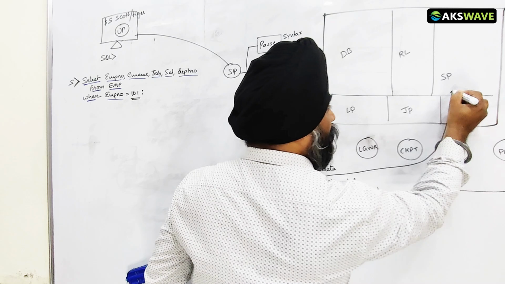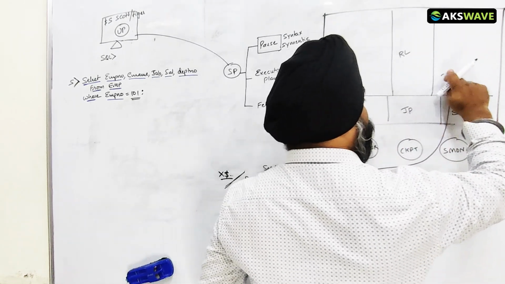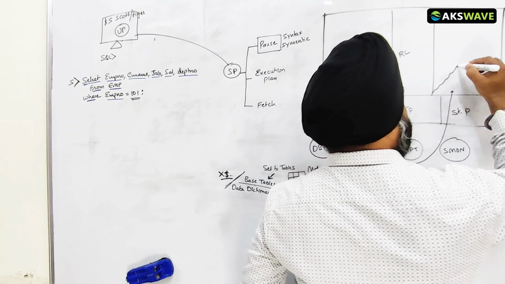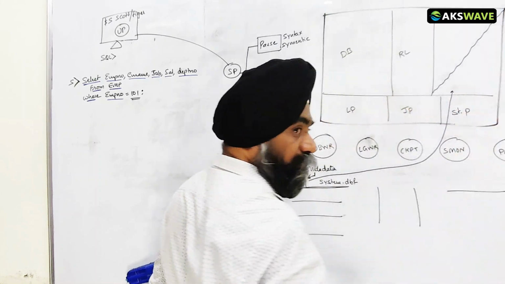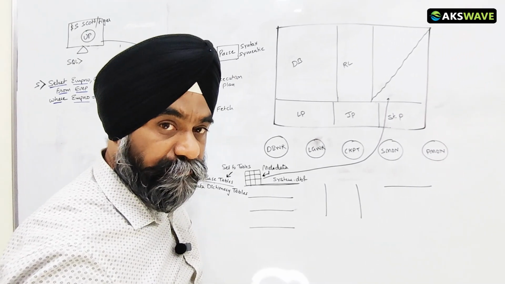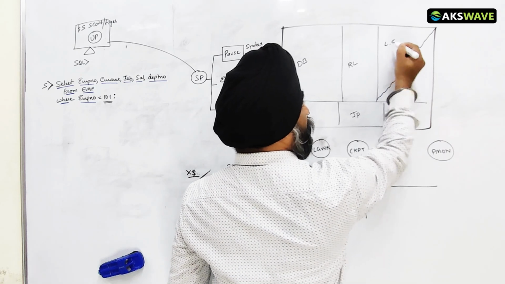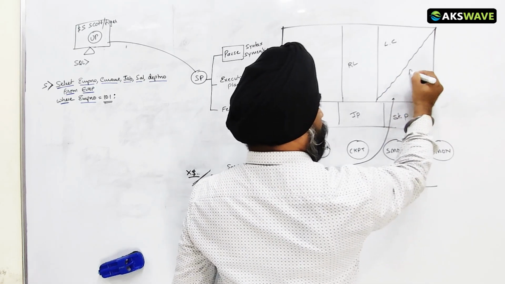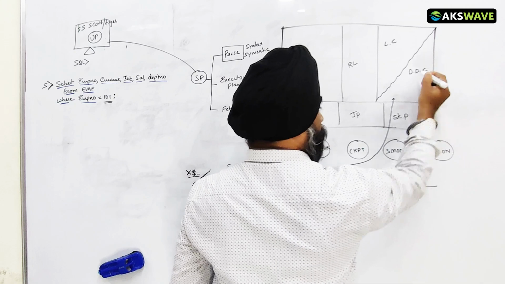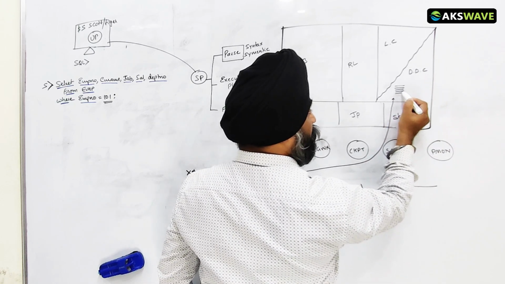Now, what is this area? Tell me please, fast, everyone. What is this area? Shared pool. The shared pool again consists of how many components? Two components: the library cache and the data dictionary cache. So we got all the information here.